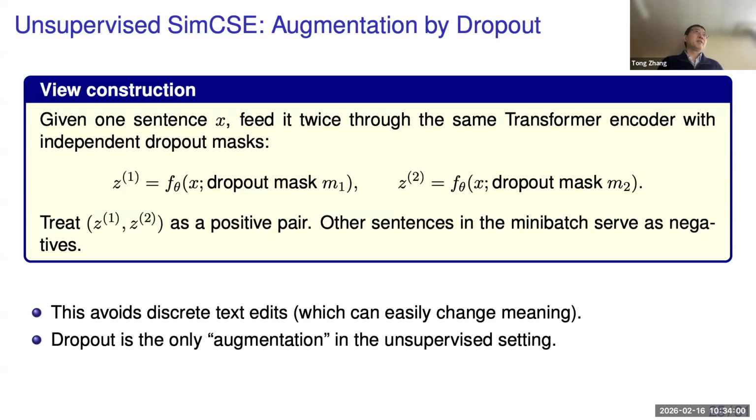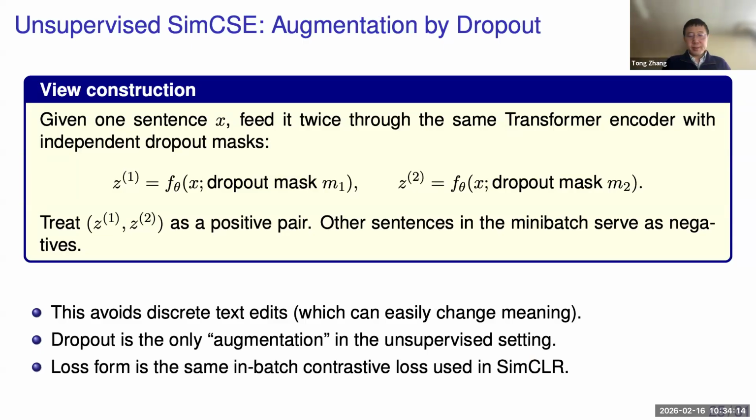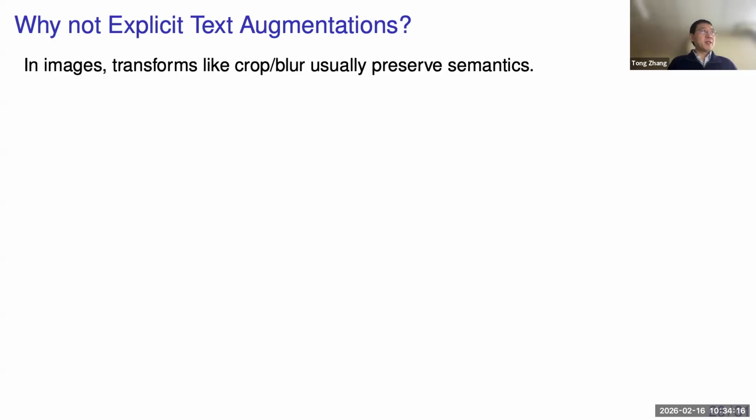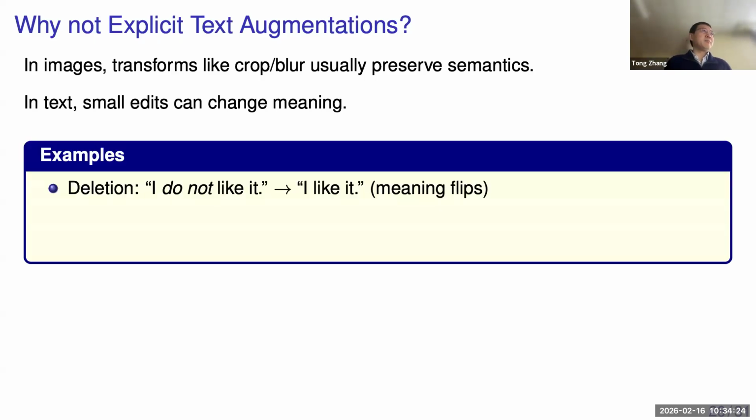So basically, the idea is that instead of doing this explicit augmentation like images, dropout could replace that, and it is sufficient. Okay, so the loss is the same, everything else the same. They basically say that with text, small modifications of semantics could be difficult.